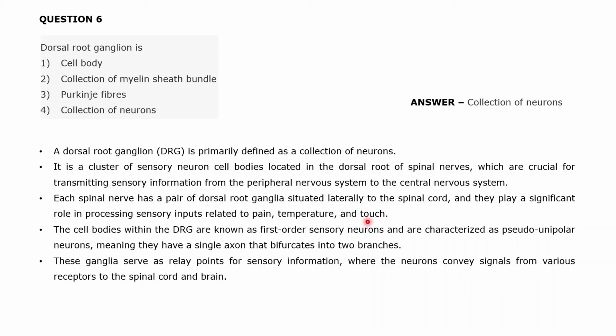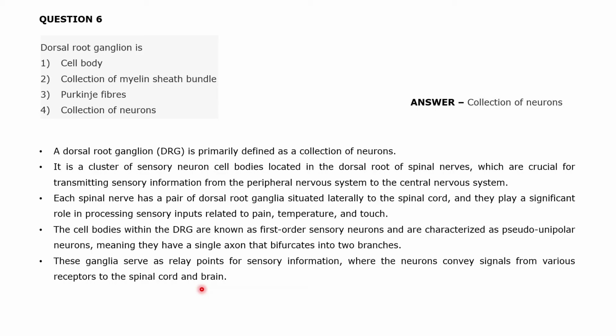So it acts as a unipolar, but is actually not unipolar. That's why it's called a pseudo unipolar neuron, meaning that they have a single axon that bifurcates into two different branches. So this ganglia serves as a relay point for, as I discussed, sensory information, where the neurons convey signals from various receptors to the spinal cord and the brain. So basically, that's their probable function.